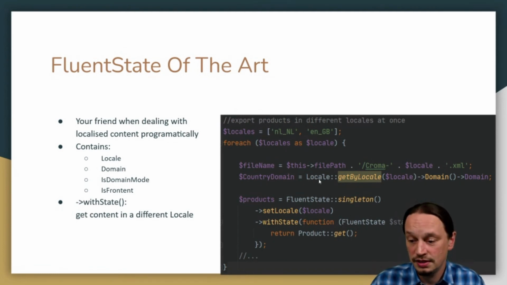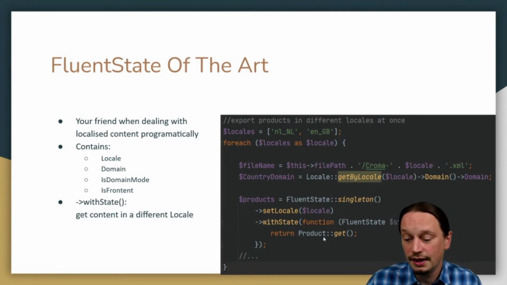And then we call FluentState, setLocale, we set the locale, and then with state, we then have this locale. And then we can just return the products in another locale than our current locale. And then we get a data list with all the Dutch products or with all the British products, even when our default locale is German or Austrian or, well, what else?